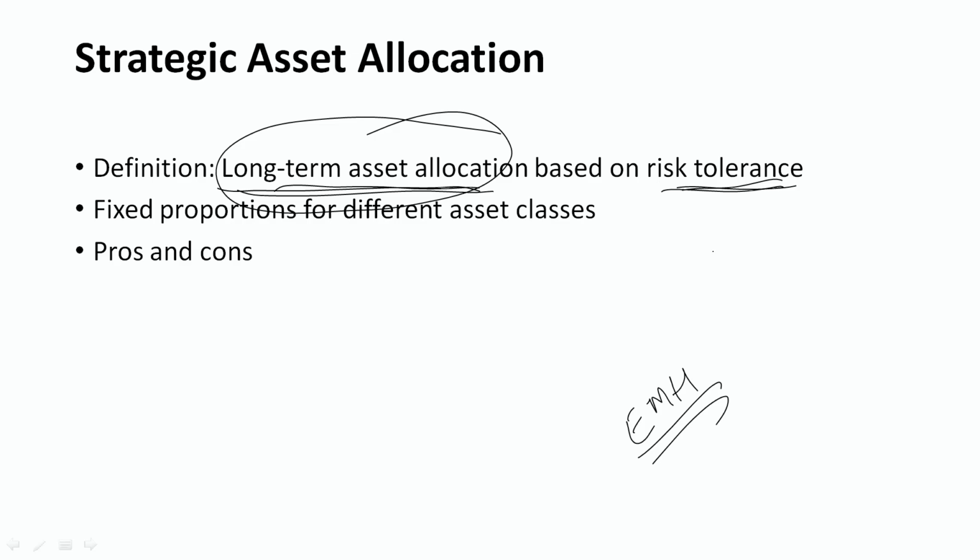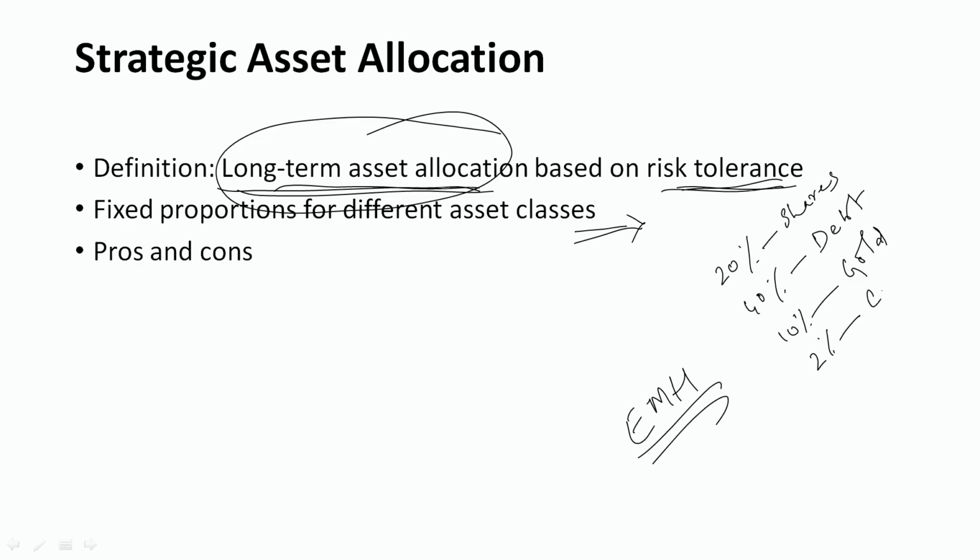And fixed proportion of different asset classes is also an important criteria. Suppose I am a low risk taker, I say 20% of my money would be invested in shares, 40% in debt instruments or bonds, 10% in gold, 2% in crude oil.